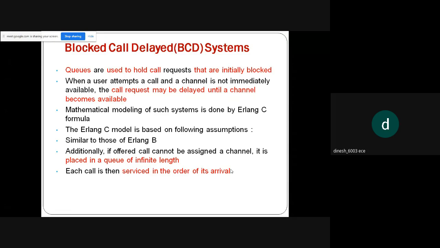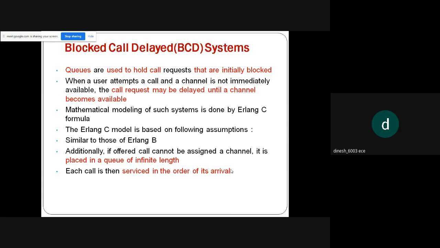This is also similar to Erlang B. Additionally, it has a queue of infinite length. In addition to Erlang B, if a queue of infinite length is added, it becomes Erlang C. So if an offered call cannot be assigned a channel, it is placed in a queue of infinite length.